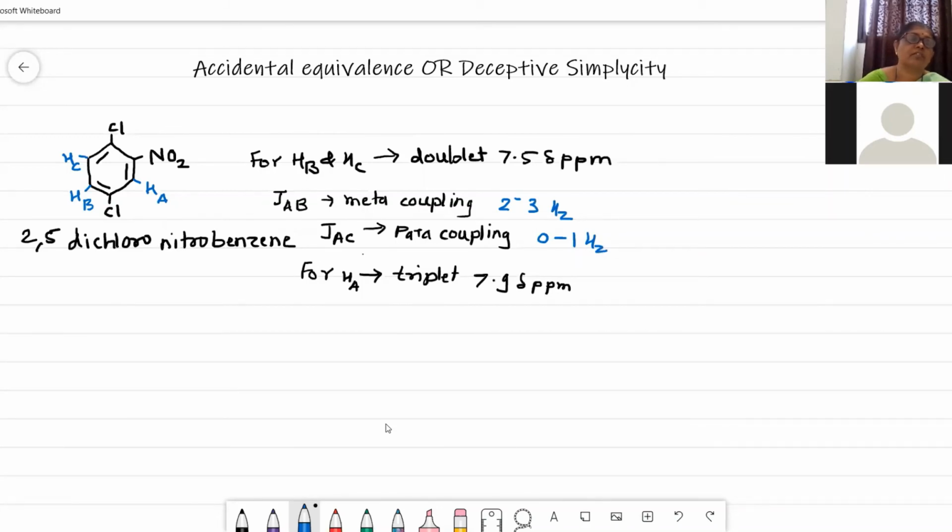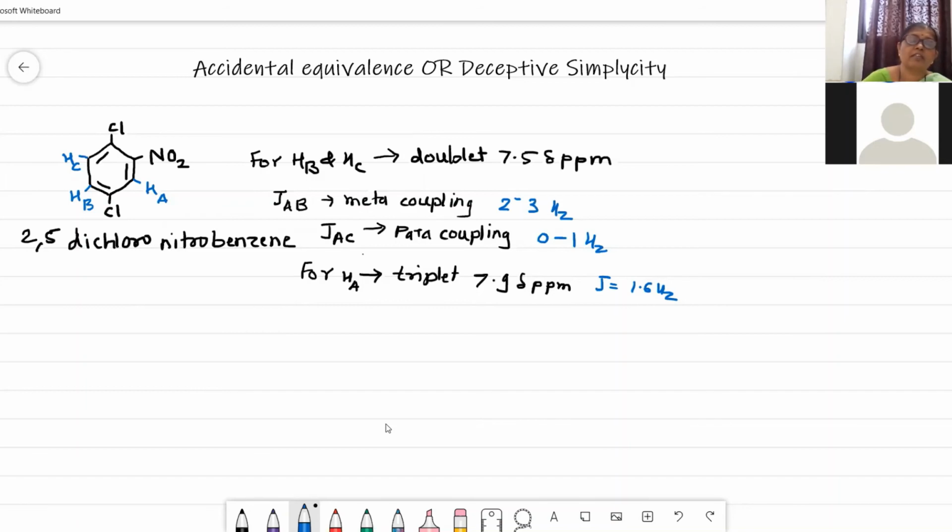What is the difference? The para coupling is 0 to 1 hertz, meta coupling is 2 to 3 hertz. But in the actual spectra, the coupling is obtained at 1.6 hertz.